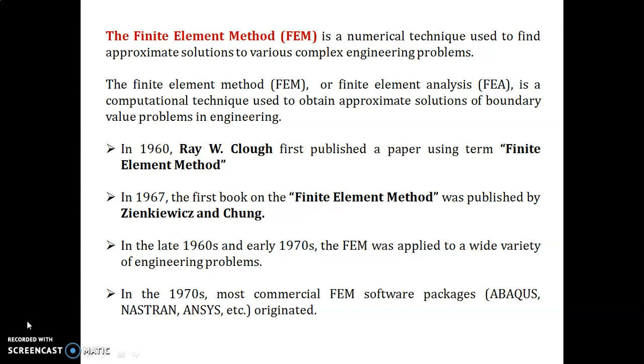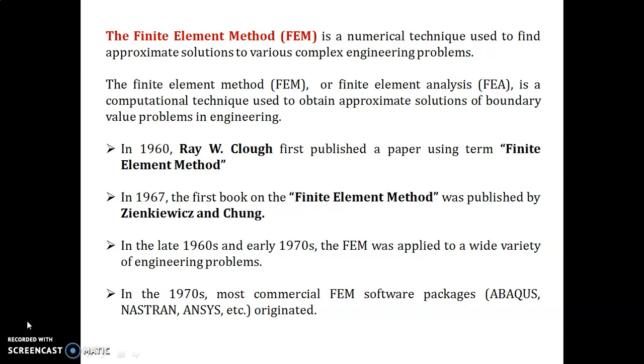Let us see some history, how it originated. In 1960, Ray Clough first published a paper using the term finite element method. Then in 1967, the first book on the finite element method was published by Chung. In the late 1960s and early 1970s, the FEM was applied to a wide variety of engineering problems.